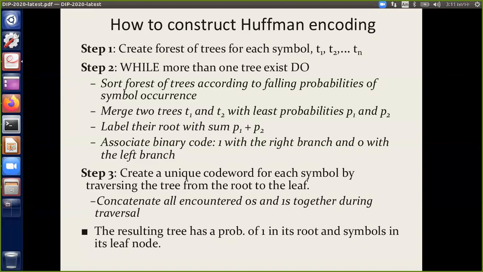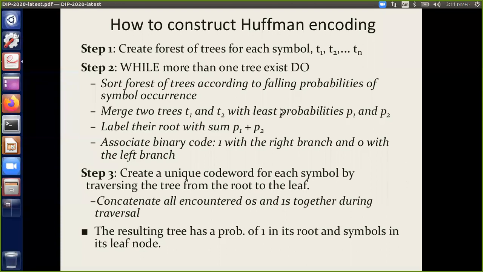Merging means connecting those trees with one root node, and the root node is assigned the sum of the frequencies of the trees. If tree 1 has a frequency of 5 and tree 2 has a frequency of 9, when we merge the two, the new tree has a frequency of 14. So the root node is assigned 14, the sum of the probabilities of occurrence of T1 and T2.